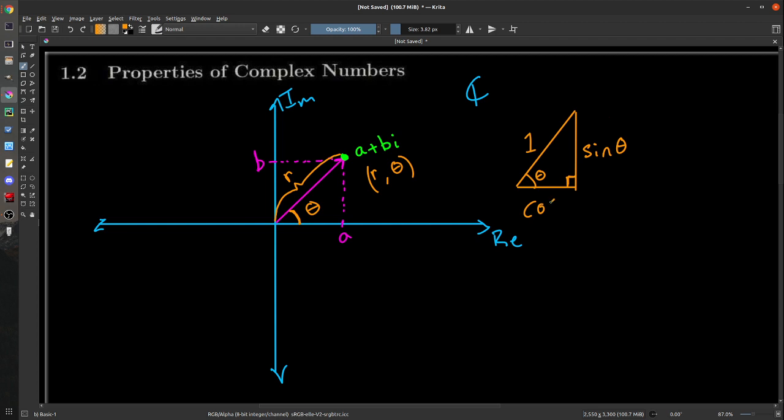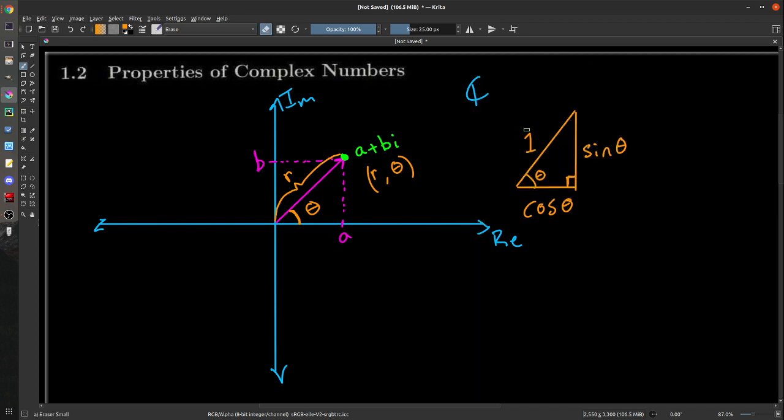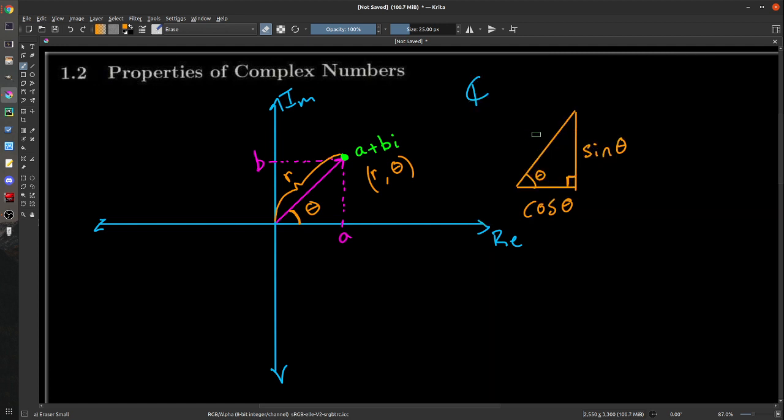This is cosine theta. If you just scaled everything up and made it bigger, if this was an r instead of a 1, if you stretched it out, then of course we would just be dilating the rest of the things in the same way. So if that's an r, then we'll just get an r and an r.